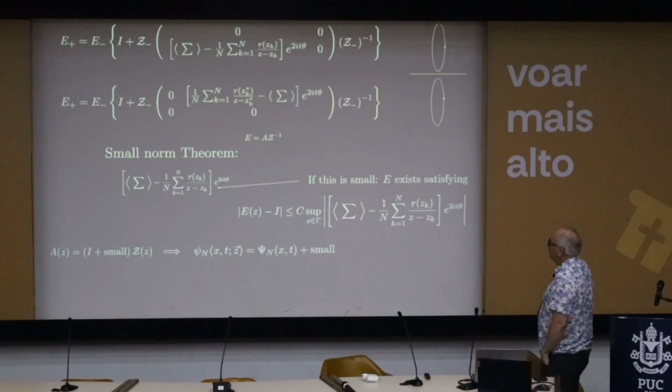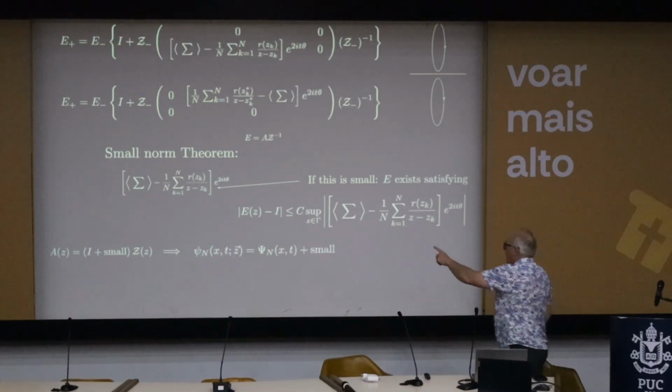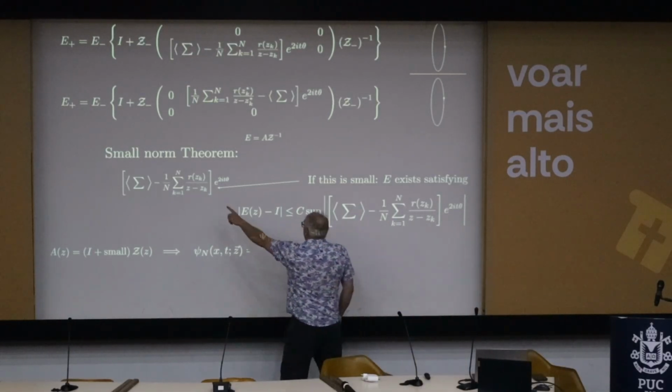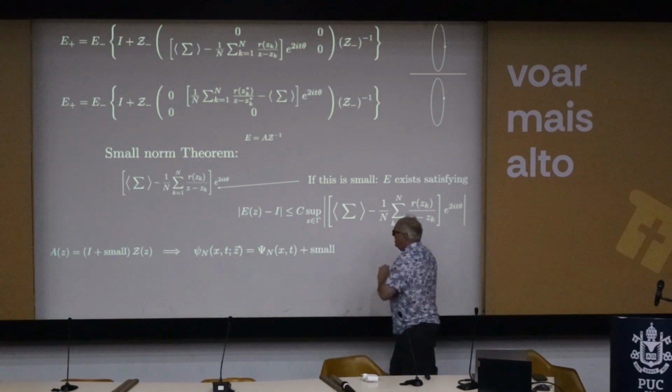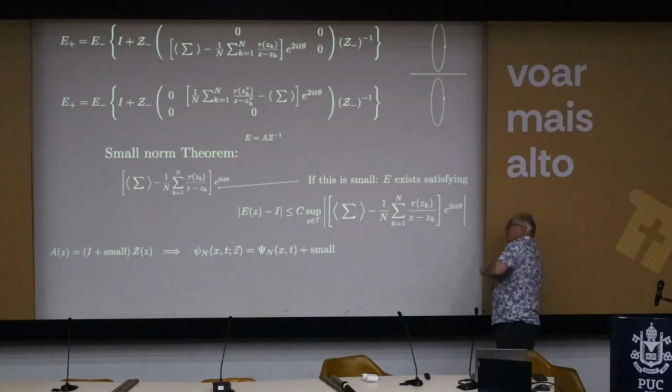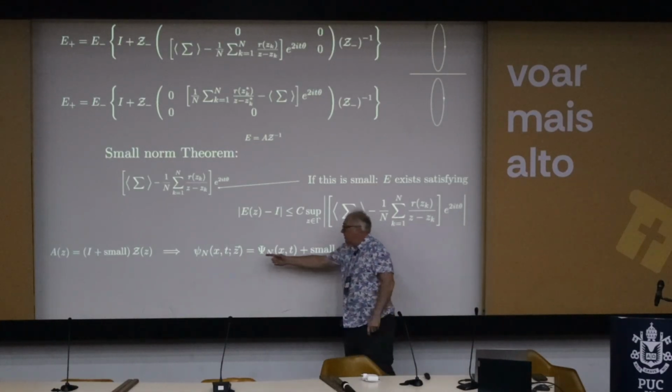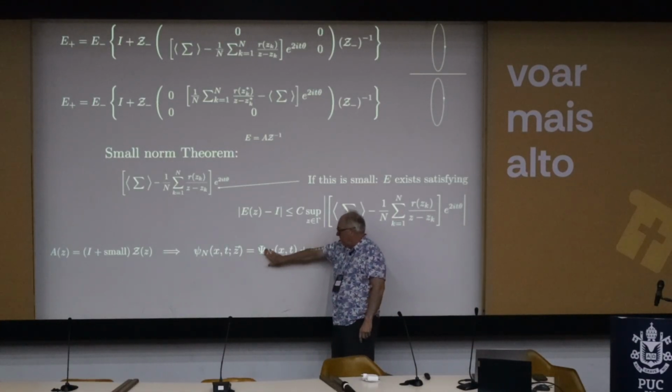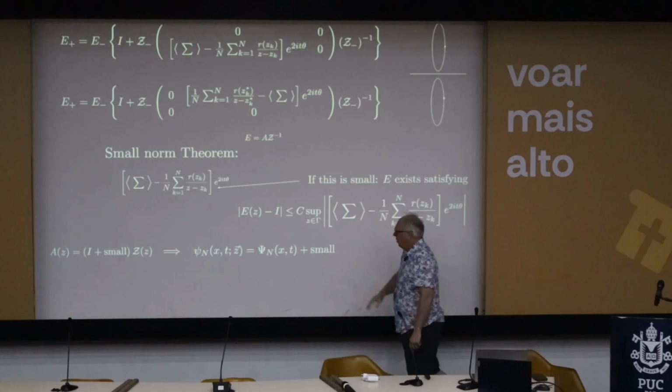So there's a small norm theorem that says if this quantity here in brackets is small, then a solution exists and satisfies a bound like this, okay? And that's enough to prove that the difference between psi n and psi, without an n, is actually small, okay?